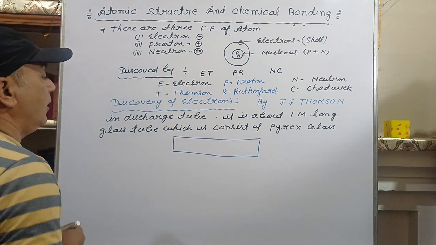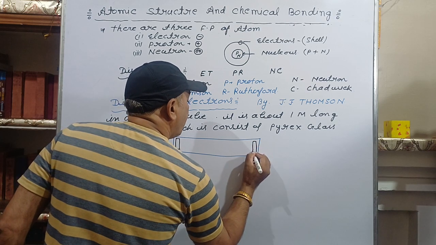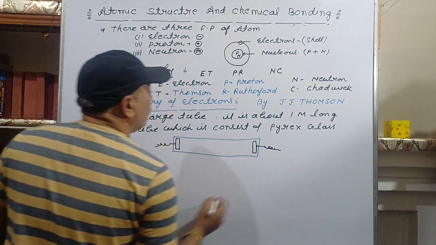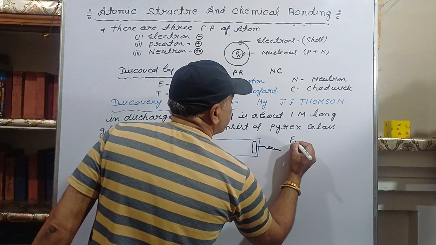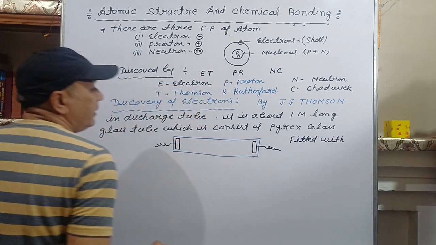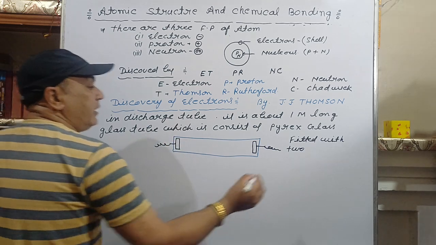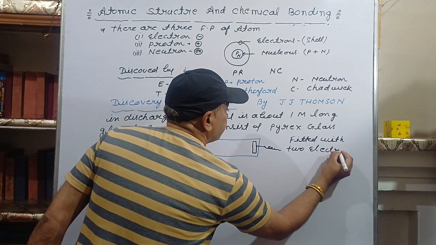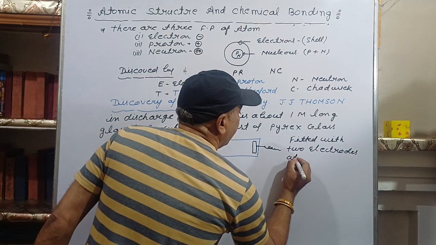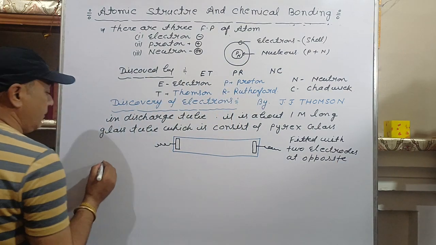Two electrodes are fitted at opposite ends of the discharge tube.